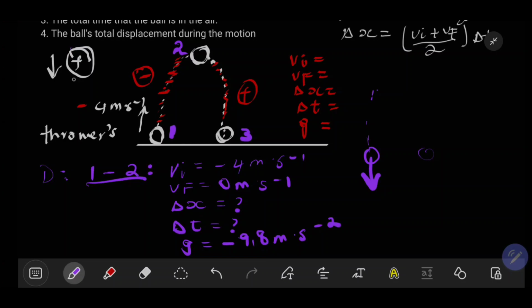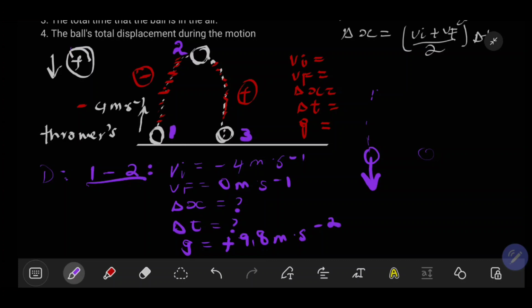Why? Because we took downwards as positive. So now our gravitational acceleration becomes positive 9.8. I hope it makes sense, and if I complicated you, I'm sorry, but this is how it is.